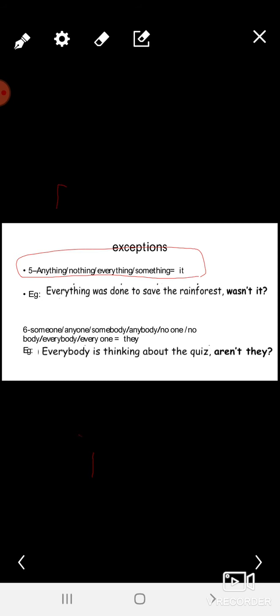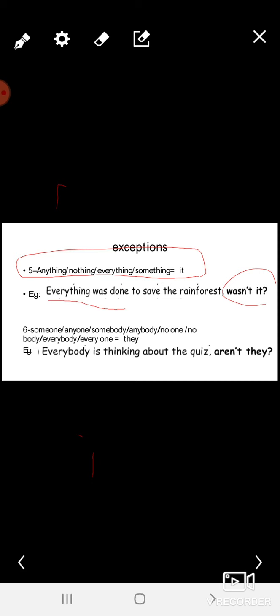For example, everything was done to save the rainforest. Everything was done. In the tag question, we say wasn't it? We consider these words as it, as a singular word, and we use was.